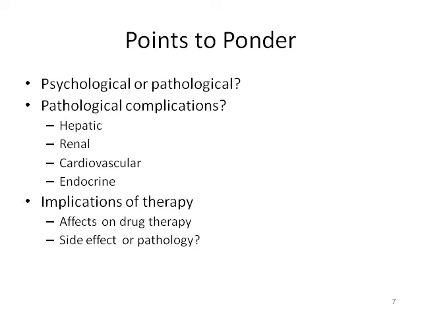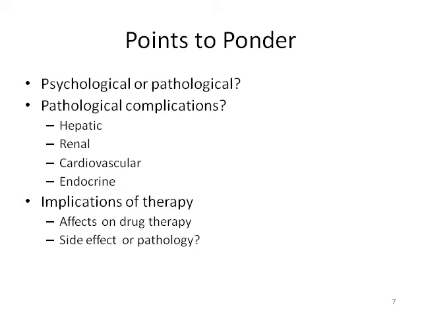Endocrine disruption or endocrine dysfunction would be another concern. Specifically, we'd be concerned about thyroid, and sex hormones would be two that could have some very prominent effects there. So we need to look at all of these underlying problems in order to determine whether they're going to have an impact on what we do.